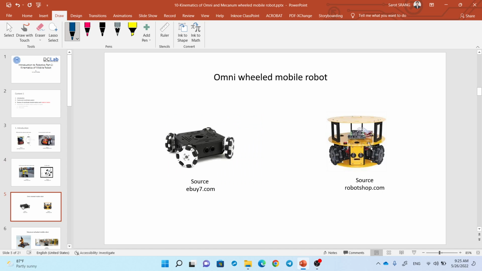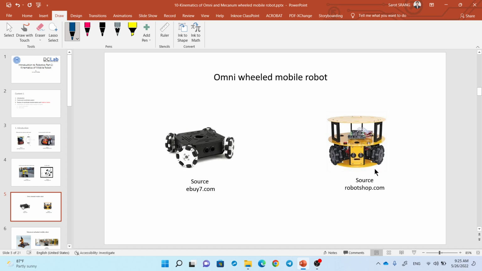And this part is about mobile robots that are very popular for research because the kinematics is easy. This one is called omni-wheel with four wheels. This is also omni-wheel with three wheels.